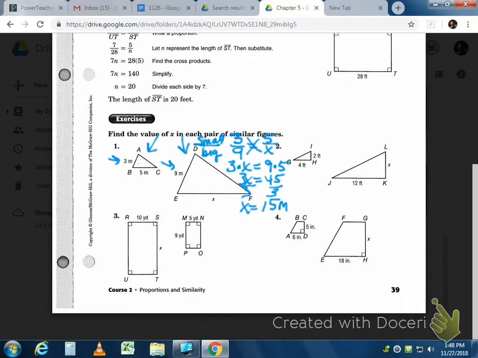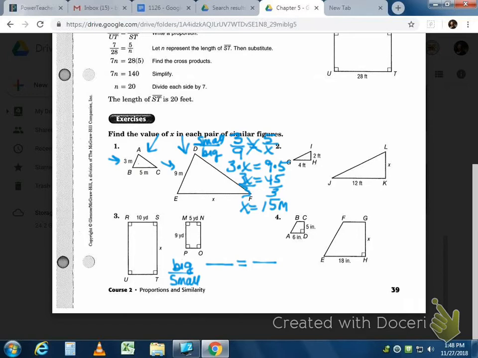All right, let's look at number 3. Just for the sake of mixing it up, showing you could do it either way, let's go big over small. We're going to write a proportion like always. Fraction bar, equals sign, fraction bar. Big over small.